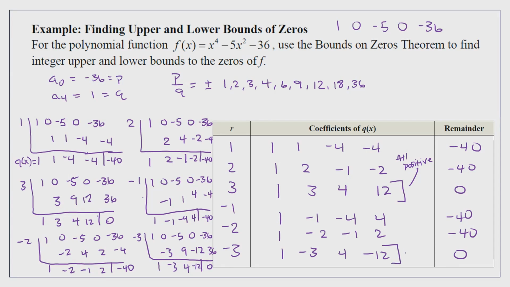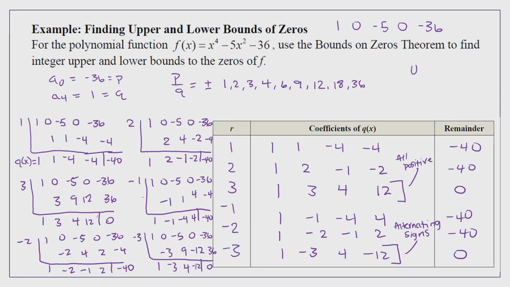So this right here is alternating signs. Because that's alternating signs, we know that -3 is our lower bound. So 3 is our upper bound and -3 is our lower bound.